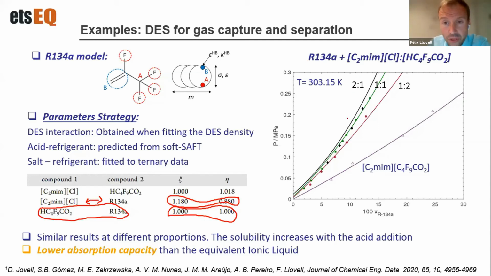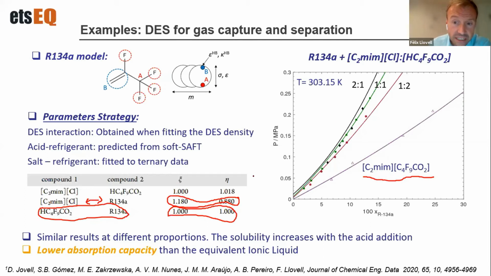However, although the modeling results are good, the solubility remains quite low compared to the equivalent ionic liquid. This is a deep eutectic solvent, this is an ionic liquid. Okay, here you can see that the ionic liquid has a better solubility.